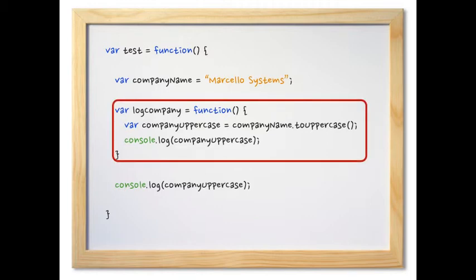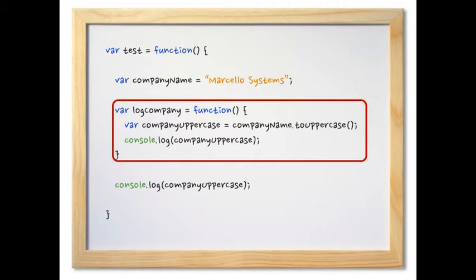This function lives inside our test function, thus resulting in a new scope. Inside this new scope, we have declared a new variable called companyUppercase. The content of this variable points to the one outside, companyName, and runs a toUpperCase function on it. So the inner scope, logCompany, points to the outer scope.